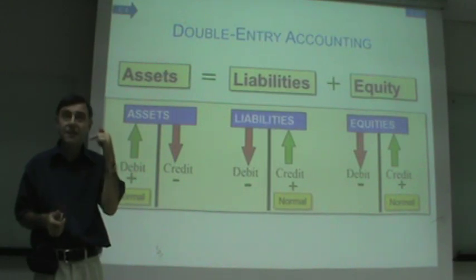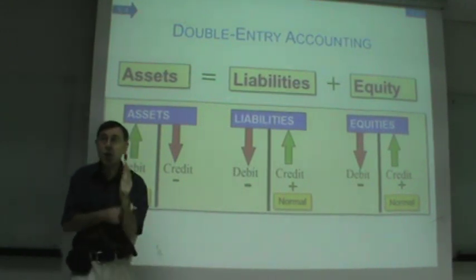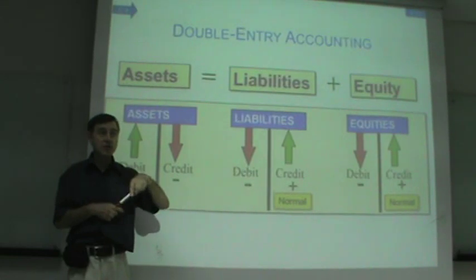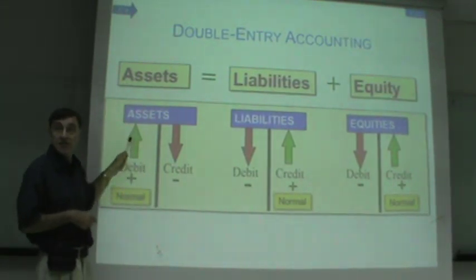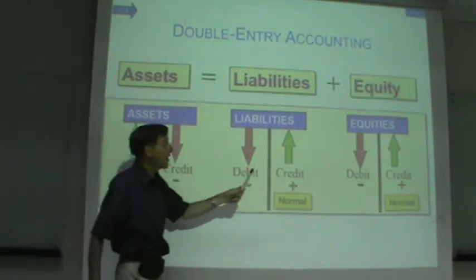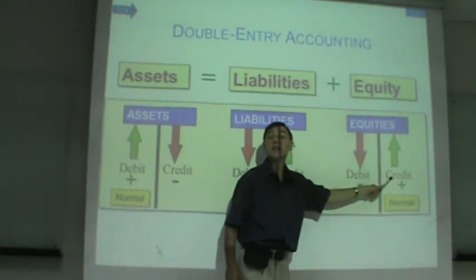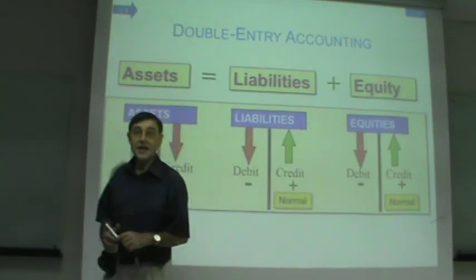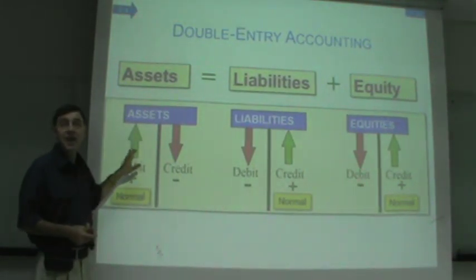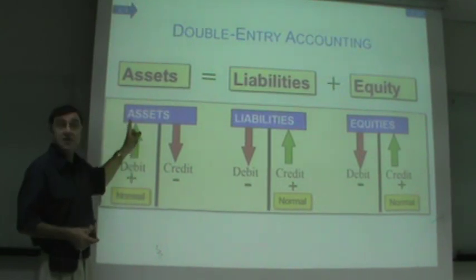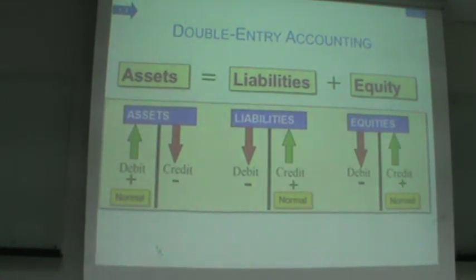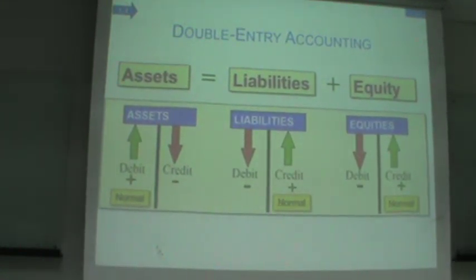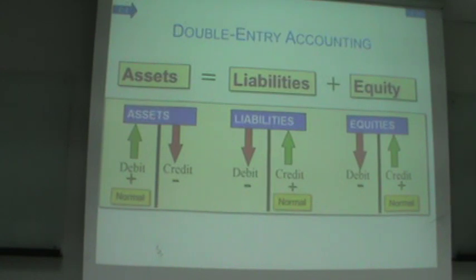So, every time you have to ask yourself, is it going up or is it going down? If it's going up, is it an asset? It's a debit. Or is it a liability? If it's a liability, it's a credit. Okay? So, you remember this simple table. For asset, debit means up. So, in this particular case, for the cash, because it's an asset, 10,000 means up, 5,000 means up, 7,000 means down.